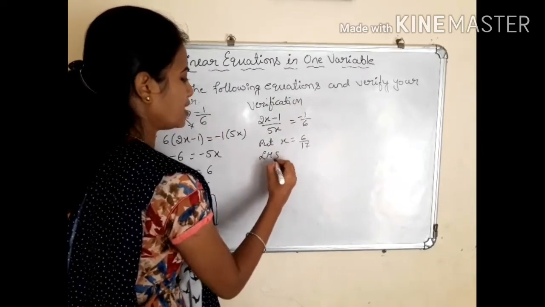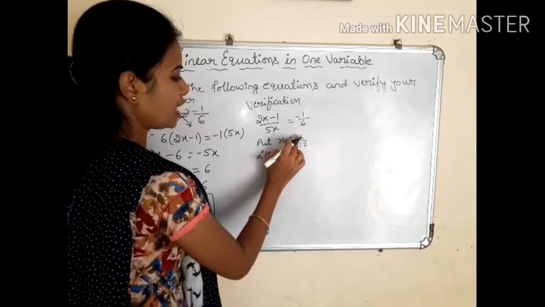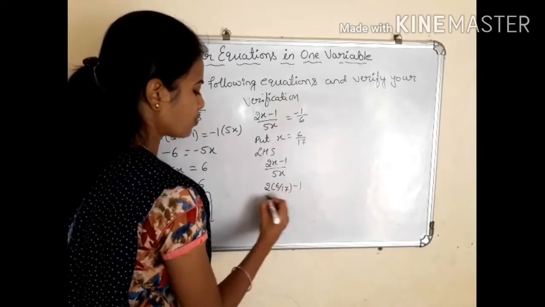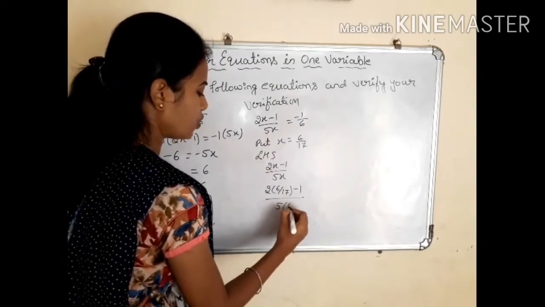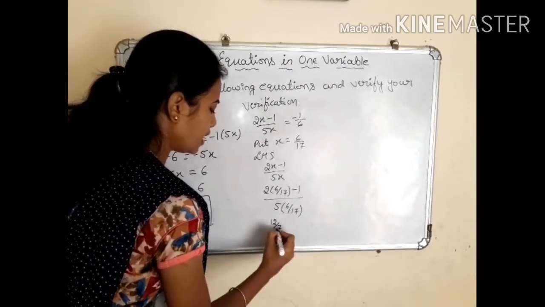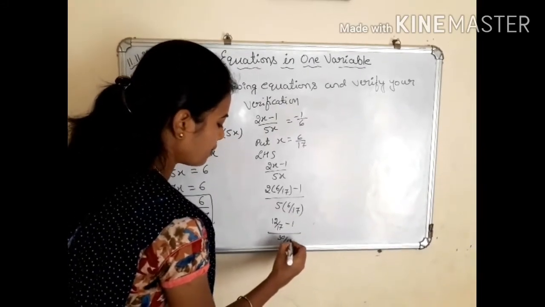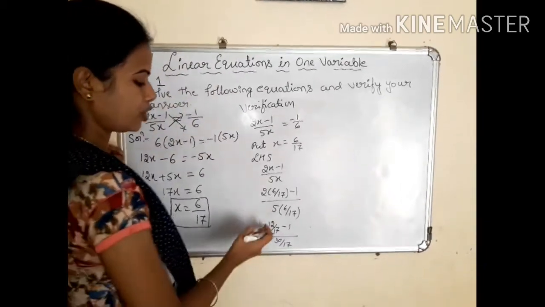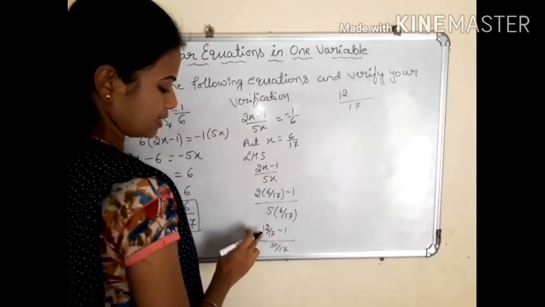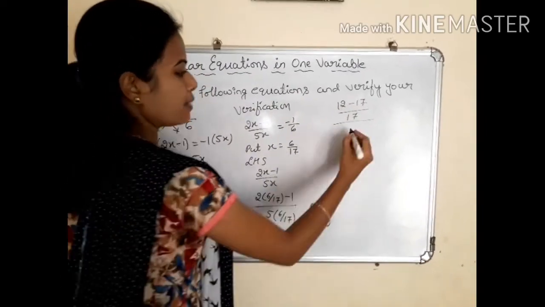By considering LHS, 2x minus 1 divided by 5x, substitute the x value 6 by 17. 2 into 6 by 17 minus 1 whole divided by 5 into 6 by 17. 6 2s are 12 by 17 minus 1, divided by 5 6s are 30 divided by 17. Take LCM to the numerator. LCM is 17. 12 write as it is. 17 ones are 17 minus 17 whole divided by 30 by 17.